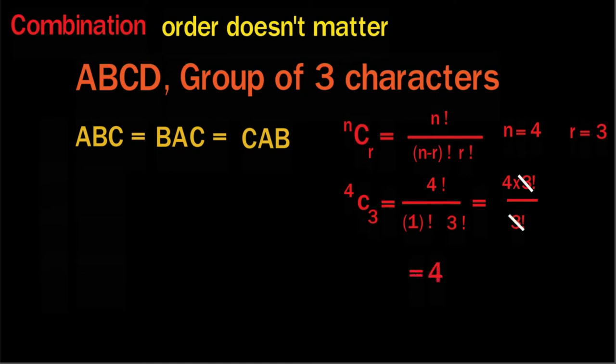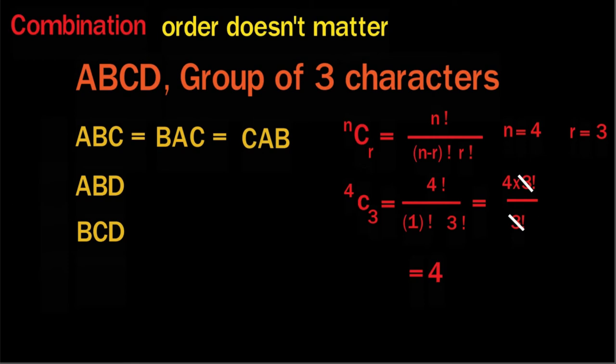So let's try using the listing method. We will have first ABC equal to BAC equal to CAB. This is the first combination. We could also have another combination, which is ABD, and we can also have another example, BCD. This is another type of combination.